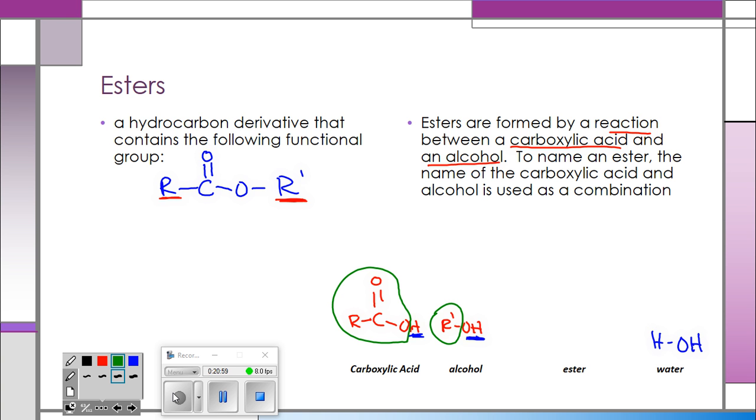So they're going to be attached to each other, like this. So we took the carbons off of the alcohol and everything on the carboxylic acid except that hydrogen at the end and smushed them together, and the leftover pieces made water.